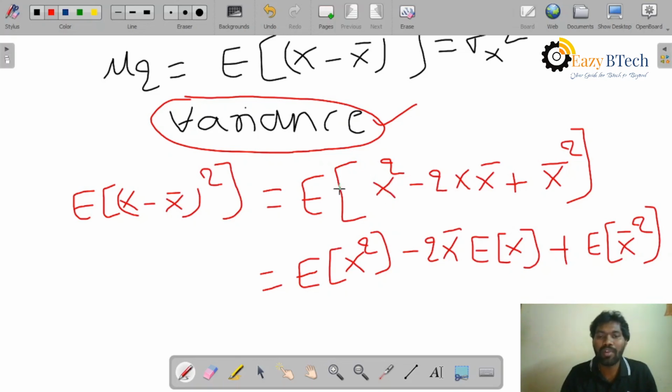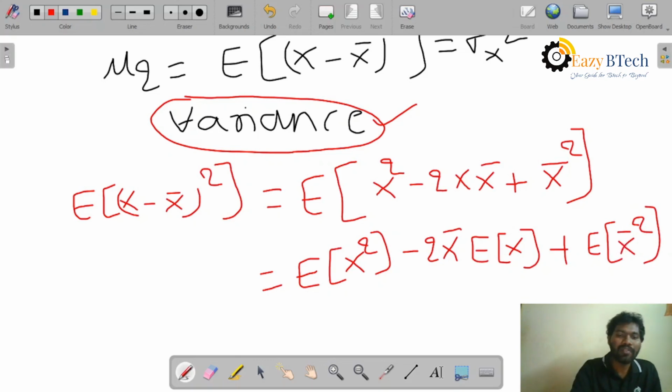We already know the property of expectation: expectation of ax is always equal to a into expectation of x. In the same way, here in place of a, you have 2 into x bar. So minus 2 x bar into expectation of x plus expectation of x bar square. Here x bar is also constant, so x bar square is also constant.